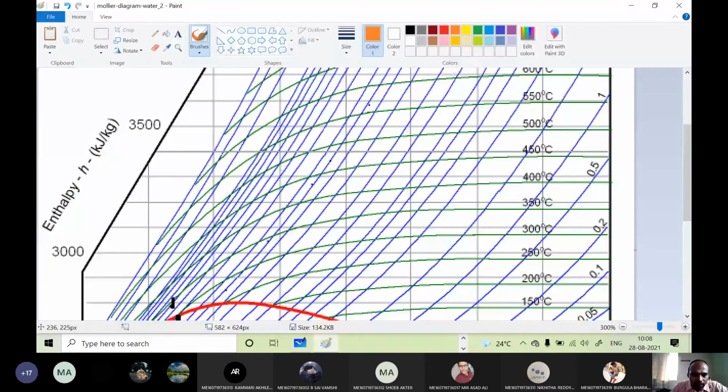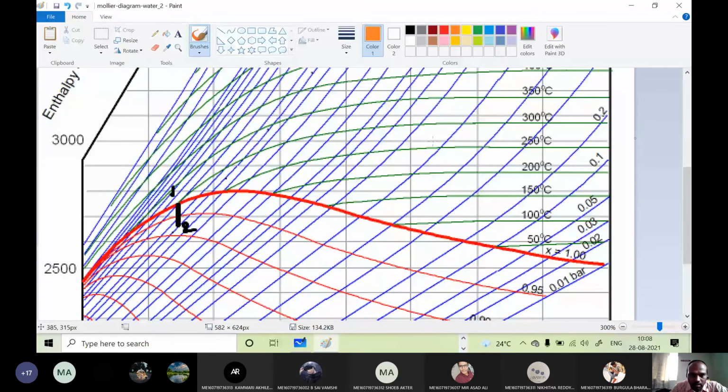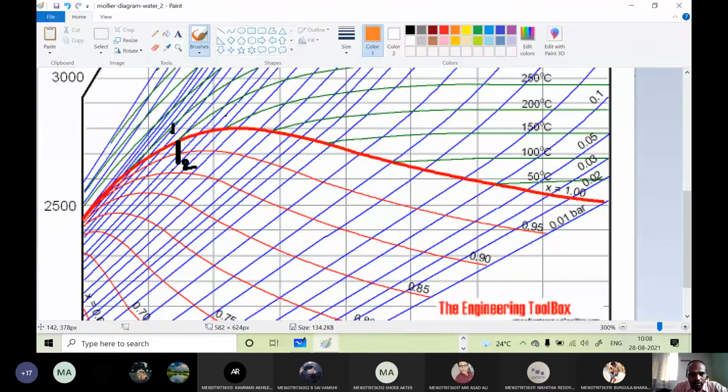We'll see here. Now from point 1, where is the cursor? Cursor is missing. Right. Now from here I am drawing a horizontal line.